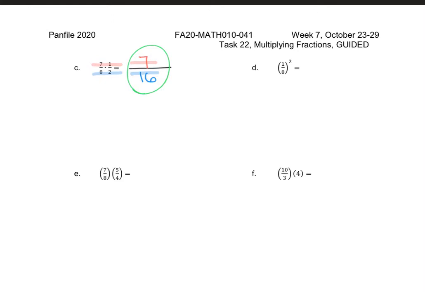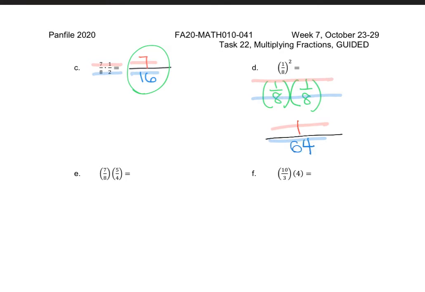I write this out as 1/8 times 1/8. I multiply the top. I multiply the bottoms. I get a top. I get a bottom. I get 1 times 1 is 1. 8 times 8 is 64.